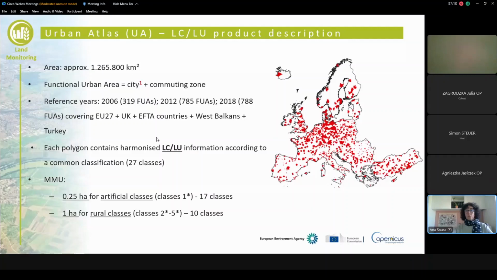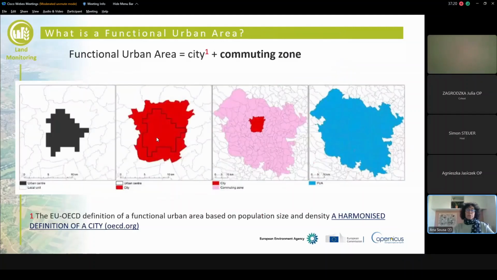I will explain a bit later which classes I am talking about. Total of 27. But first, I will start by explaining and illustrating what is a functional urban area, so that you have a better understanding of what is the unit that we are mapping. And after that, I will give you a few details about the nomenclature.